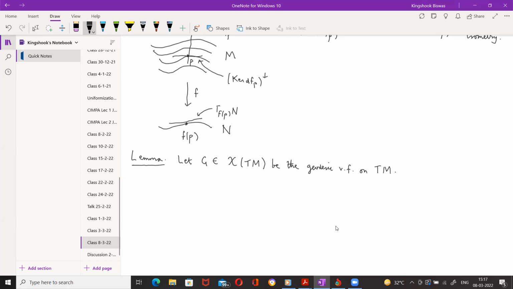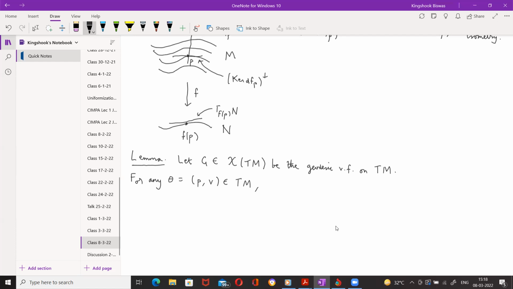So then for any point theta in the tangent bundle, theta equal to (p, v), G theta is an element of T theta TM.